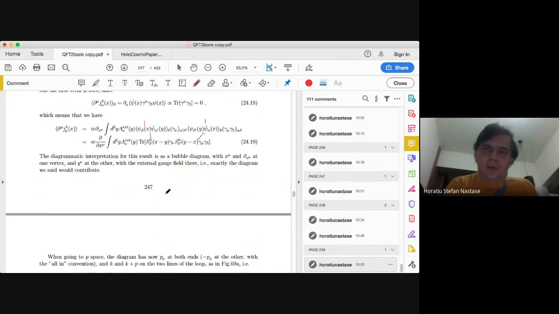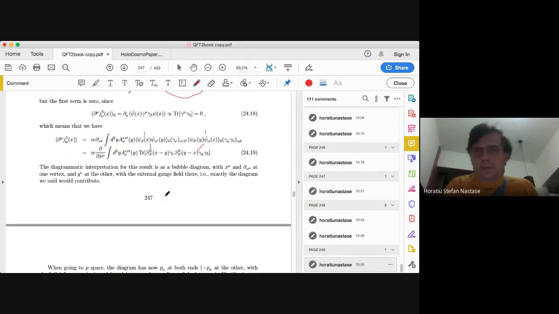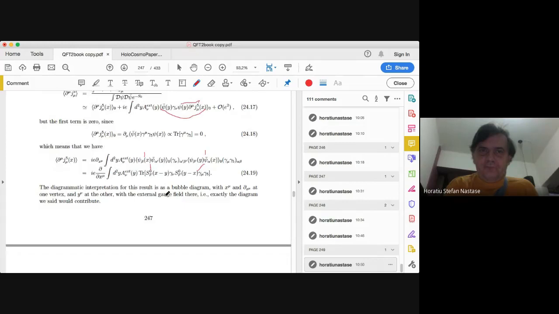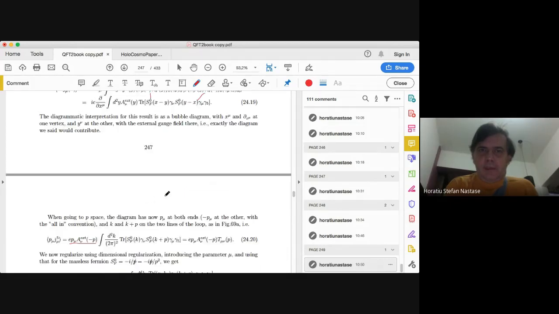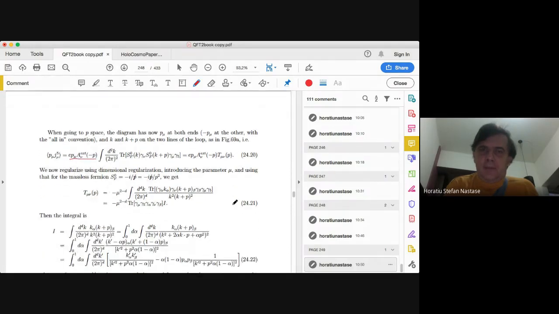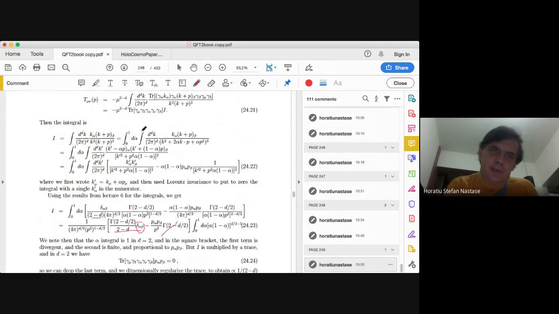In the one loop result, you would get two external gauge fields times something with 4 indices, I suppose, and then this again is some trace times some integral.